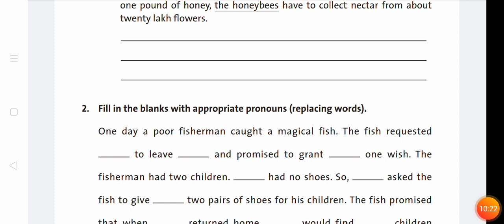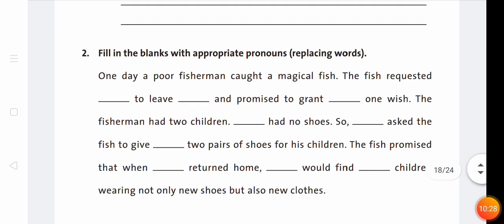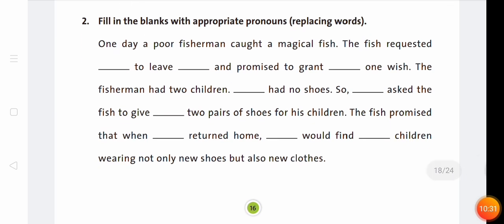Question number 2. Fill in the blanks with appropriate pronouns replacing words. One day, a poor fisherman caught a magical fish.